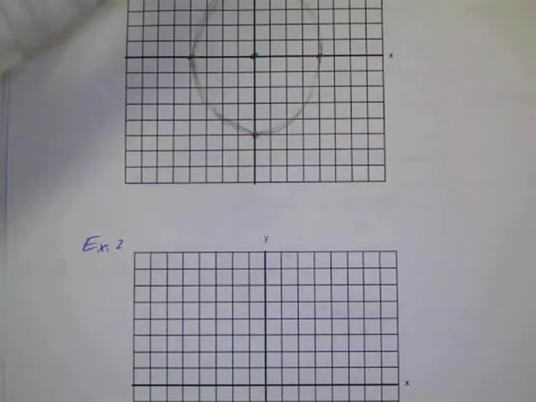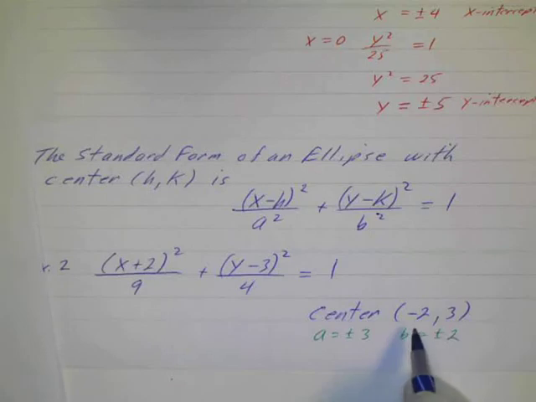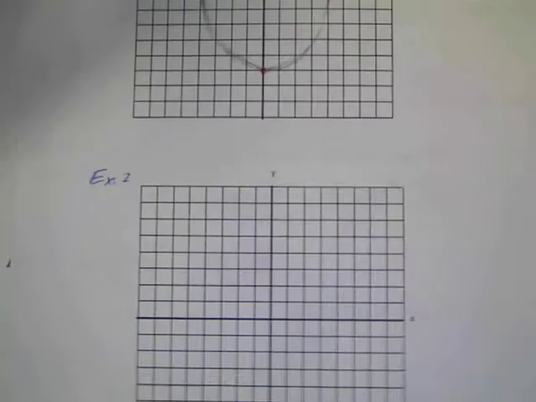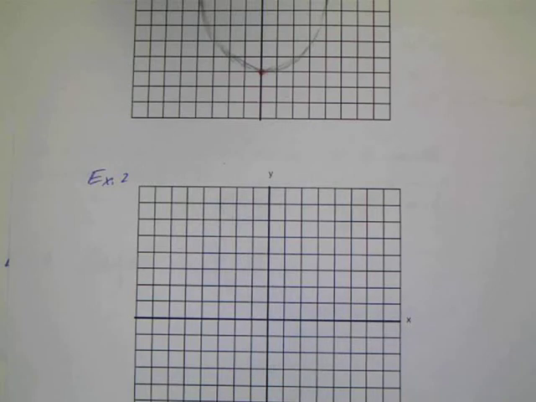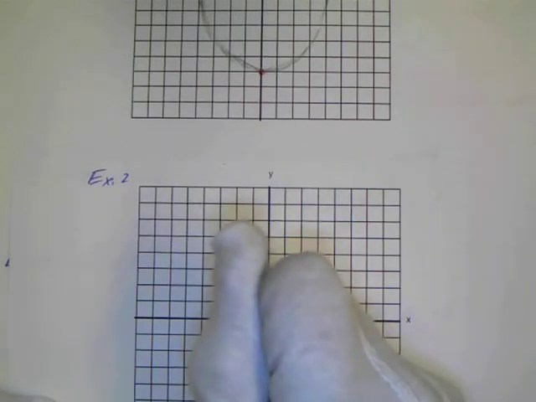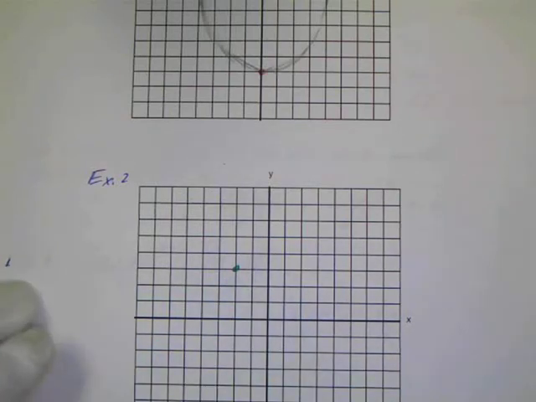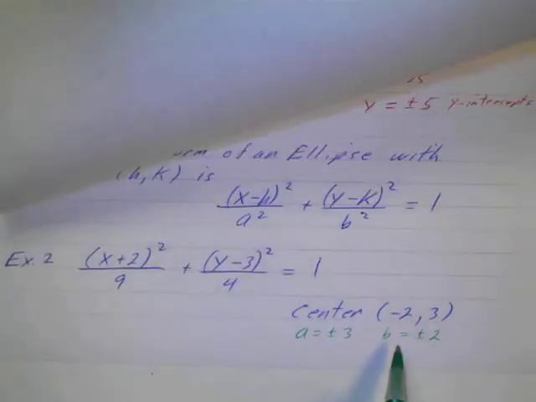First of all, we're going to find our center. So our center is going to be at the point negative 2, 3. So my center will be negative 2 and up 3. There's my center.